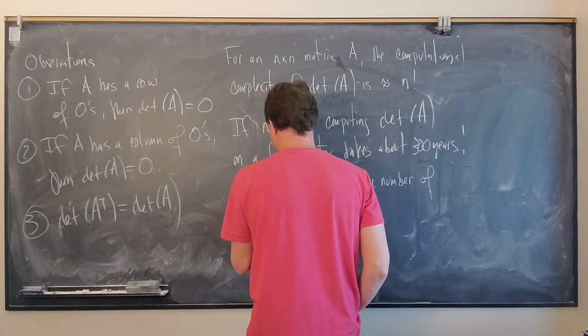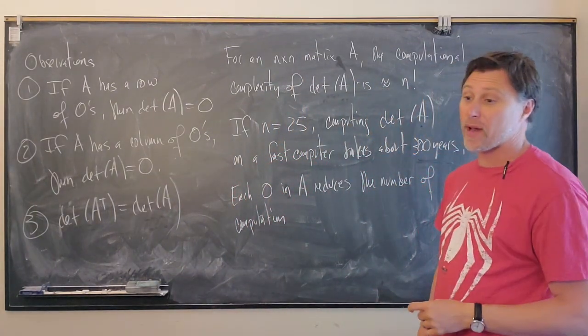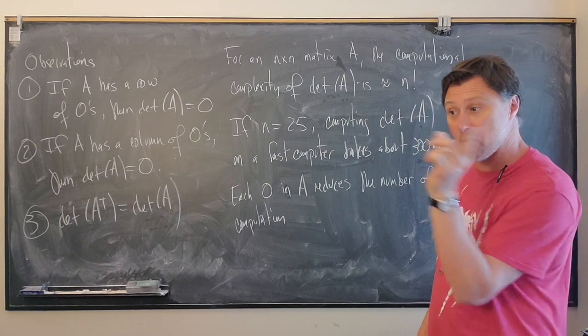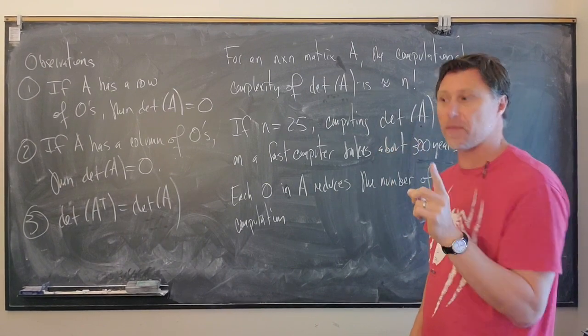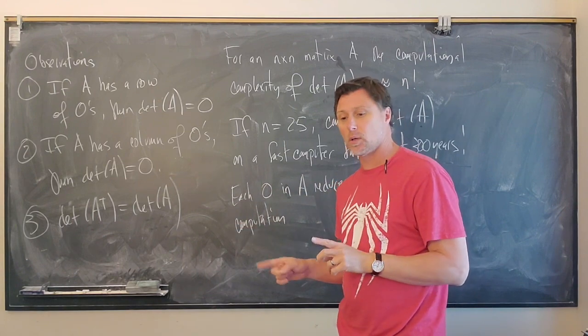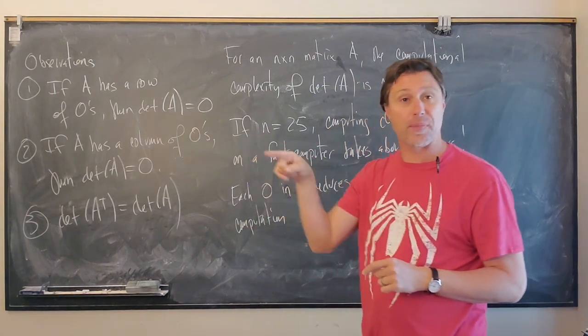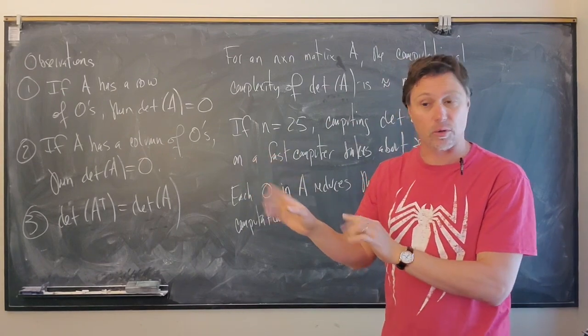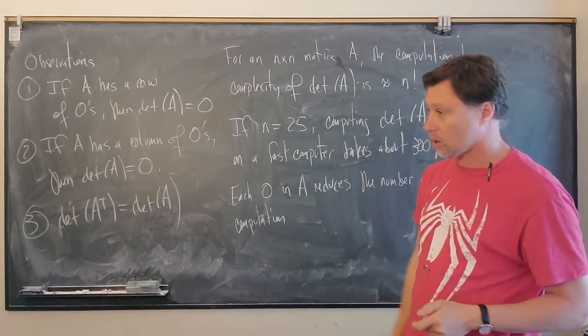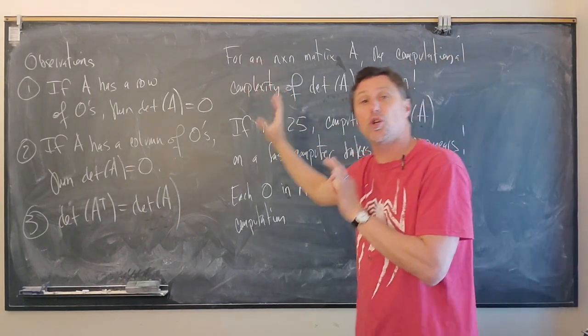So if we happen to have a 25 by 25 matrix with a whole bunch of zeros, and we notice there's a whole bunch of zeros in this particular row or column, and we tell our computer to compute the determinant by expanding about that row or column, then we can reduce the number of computations a huge amount.